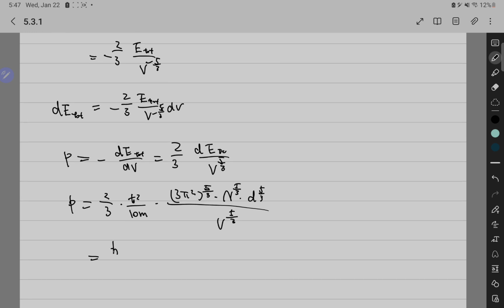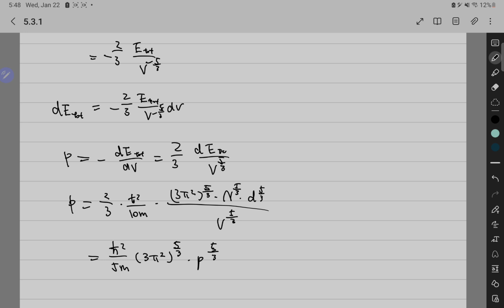Simplify this, and you get h bar squared over 5m times 3 pi squared to the power of 5 over 3 times n to the power of 5 over 3, is what we have here. And this is really the quantum pressure.